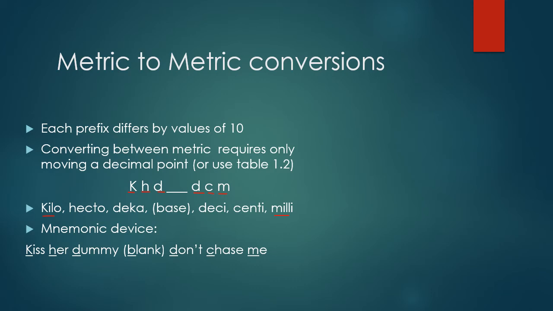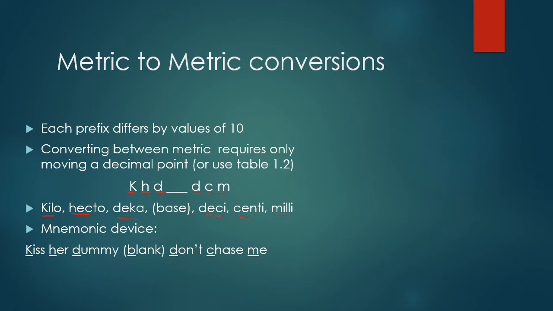The K is for kilo, the H is for hecto, that first D is for deca, the second D is for deci, the C is for centi, and the M is for milli. You're going to want to remember this arrangement of letters.